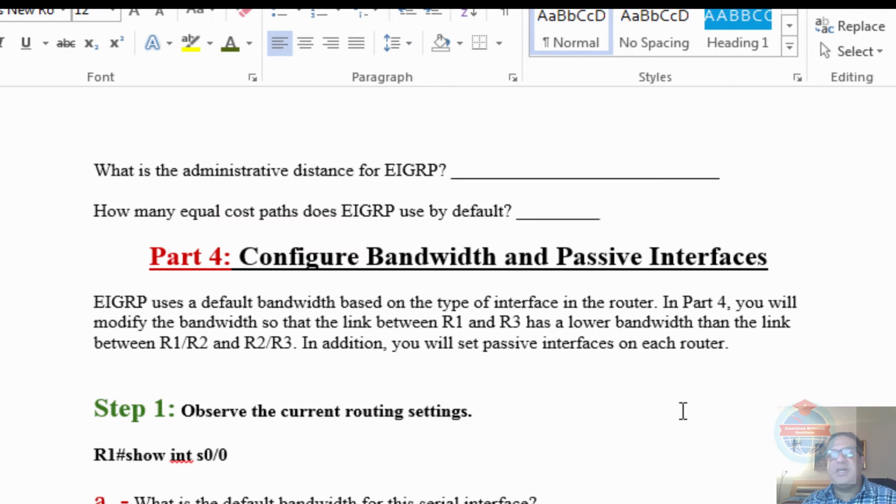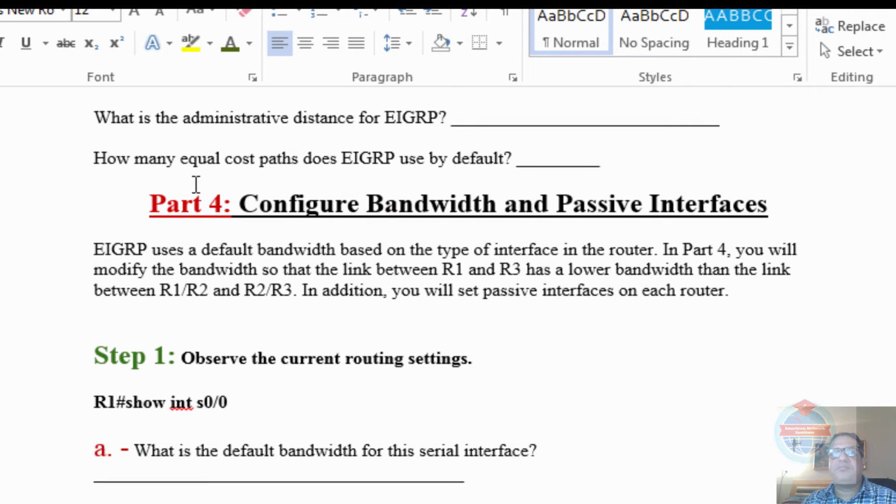So let's get back to the exercise. Configure bandwidth and passive interface. EIGRP uses default bandwidth based on the type of interface in the router. In Part 4, you will modify the bandwidth so that the link between R1 and R3 has a lower bandwidth than the link between R1 and R2 and R2 and R3. Why are we talking about that?